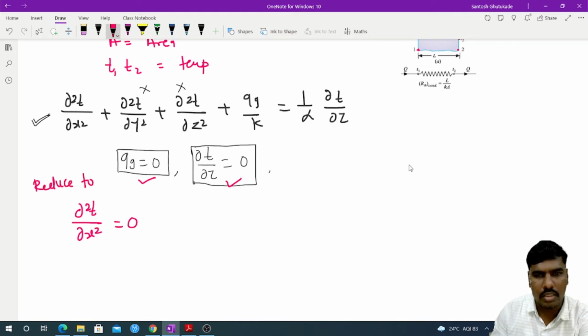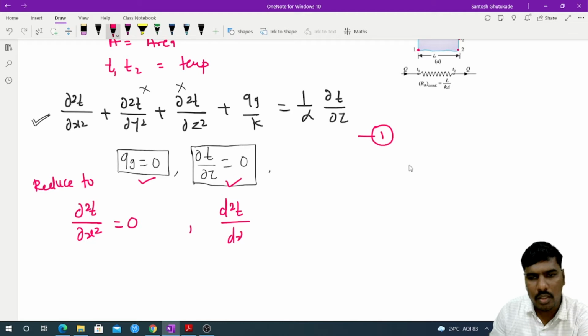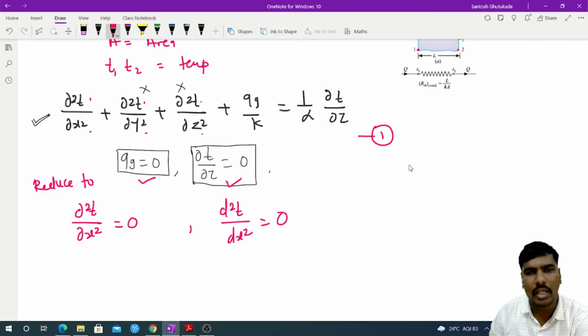Or we can write d square T upon dx square is equal to 0, because we have taken the complete, or ordinary, derivative. Why? In general temperature depends on x, y, z and time. But in this case, temperature depends only on the x direction. So this is a complete derivative, d square T upon dx square is equal to 0.